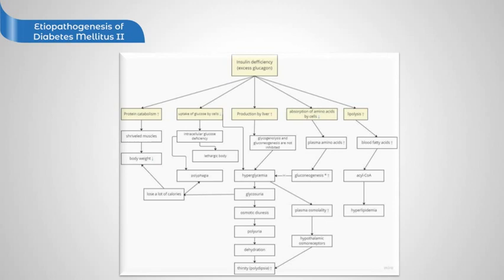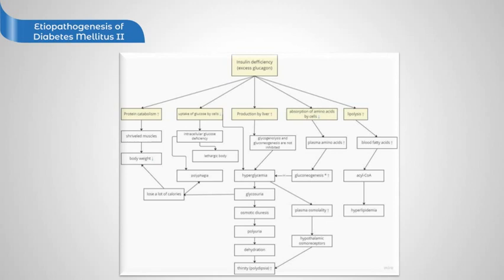Hyperglycemia causes glycosuria, then osmotic diuresis, polyuria, and finally causes dehydration, so that increases the thirst, or we can call it polydipsia. In addition, hyperglycemia can also result in increased plasma osmolality, which stimulates hypothalamic osmoreceptors and results in thirst. Okay, so it can make you thirsty.